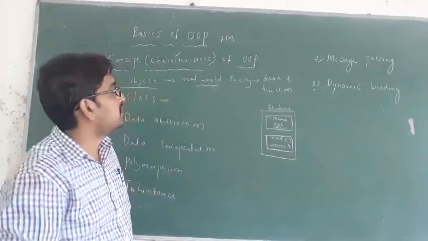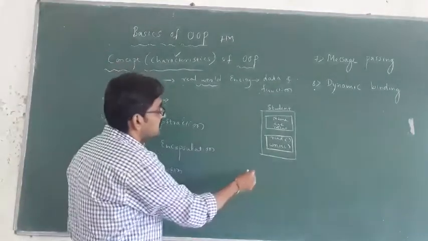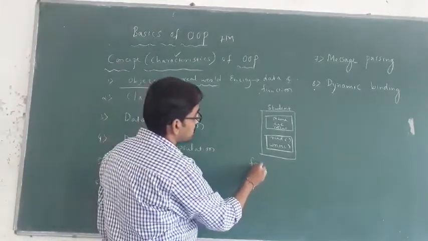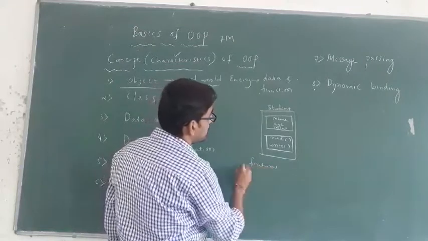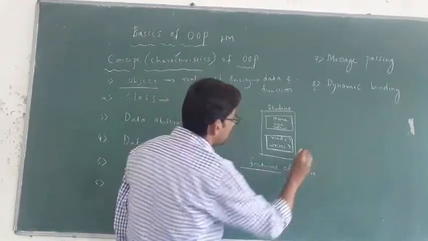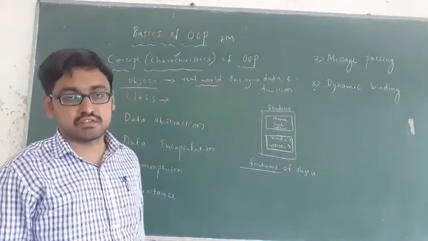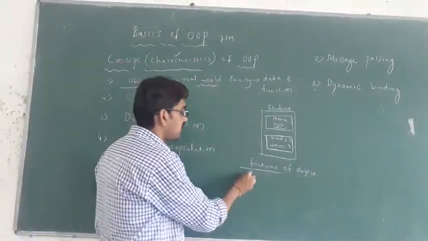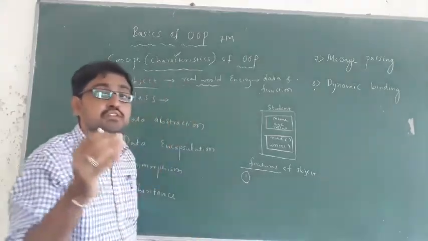In the examination they will ask you to write two features of an object. What are the features of objects? The first one: an object always has a memory space.